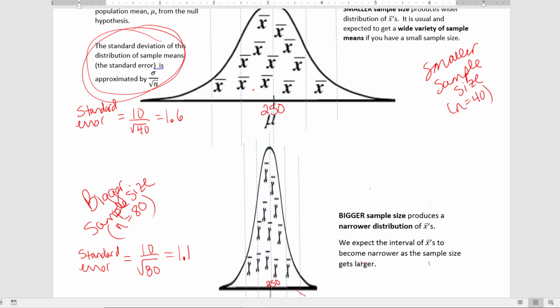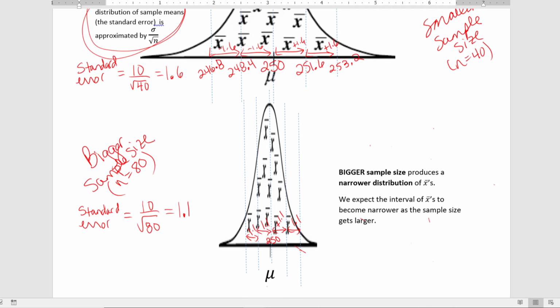But at the top, the distance between each vertical line is 1.6. And the distance between each vertical line at the bottom is 1.1, which is going to make it narrower. If I go through now and I label each, starting at 250 in the top, I add 1.6 over and over to label each vertical line. And I'll do the same for the distribution at the bottom.